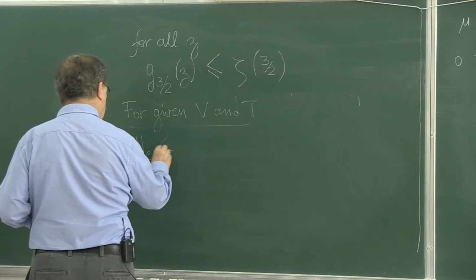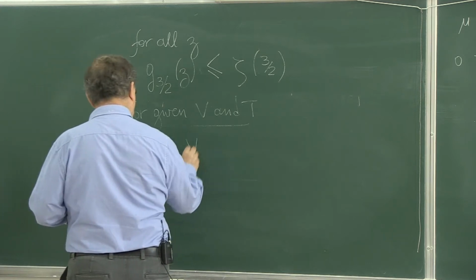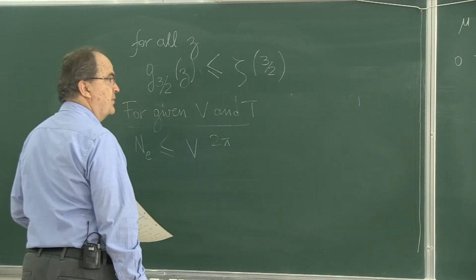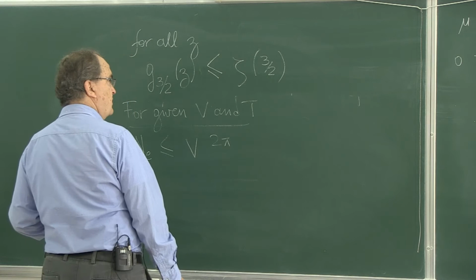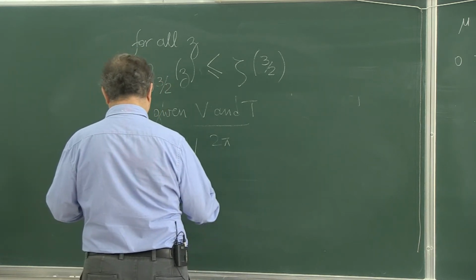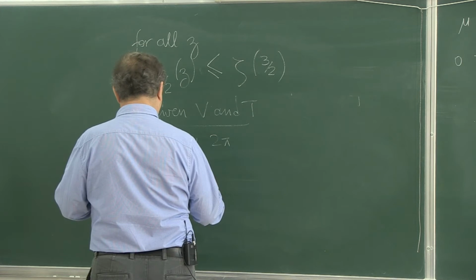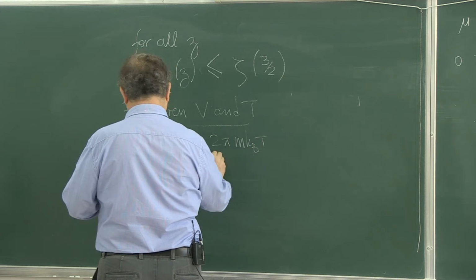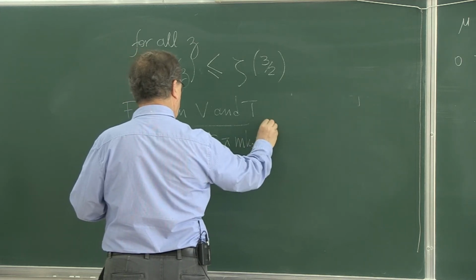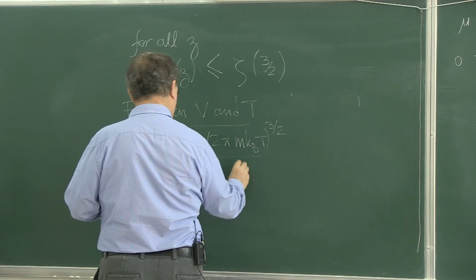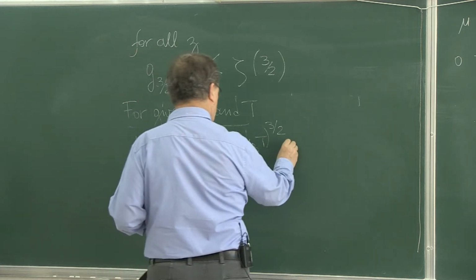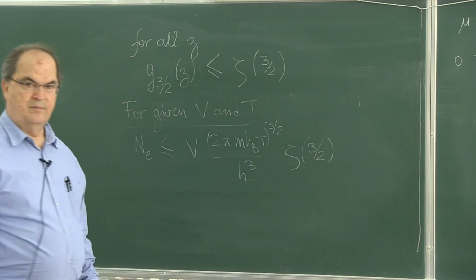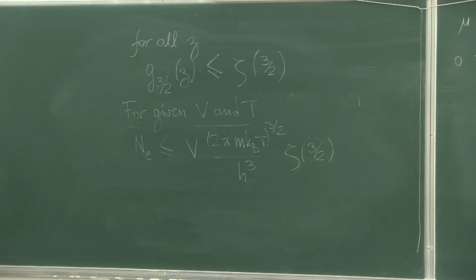N_E is always smaller than or equal to this number that tells us what the maximum g is: V times (2 pi m k_B T) to the 3/2 over h cubed, the explicit form of 1 over lambda T cube, times zeta 3/2. Isn't it? That's the maximum value.